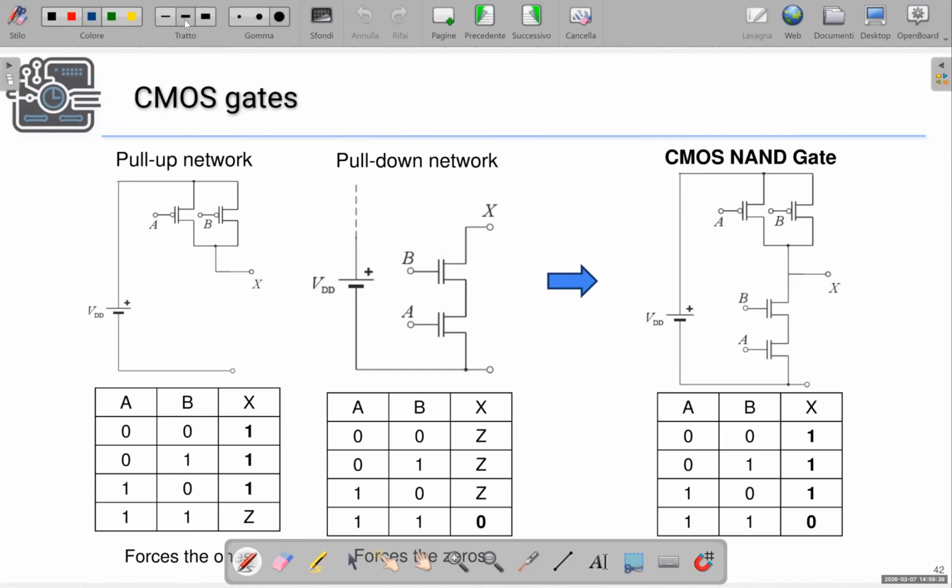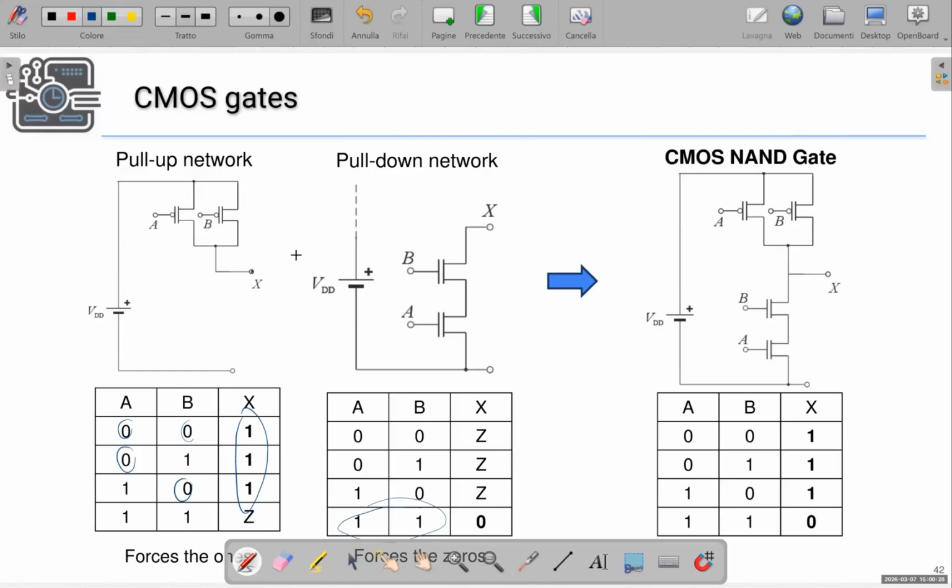For instance, if we take the pull-up network consisting of two parallel PMOS switches that connects the output to the supply when either one of the two inputs is low, that is, when the inputs are 0,0, 0,1 or 1,0, it's sufficient to have at least one 0 to connect it to the supply, and we devise a network that forces the output low only when both A and B are high, and this is clearly a pull-down network made of two NMOS devices.